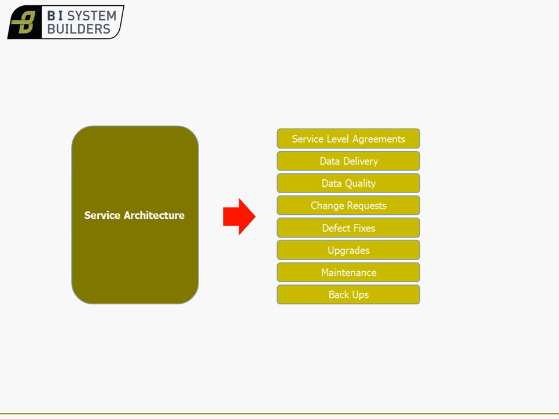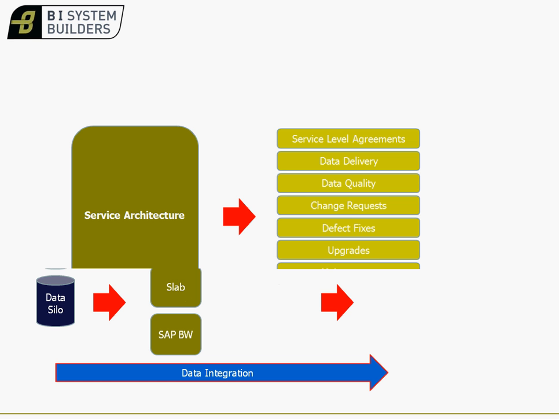This solution architecture, once it's agreed, should be clearly communicated to everyone, so everyone joins in the BI team as a cohesive unit, so as to successfully deliver BI solutions.